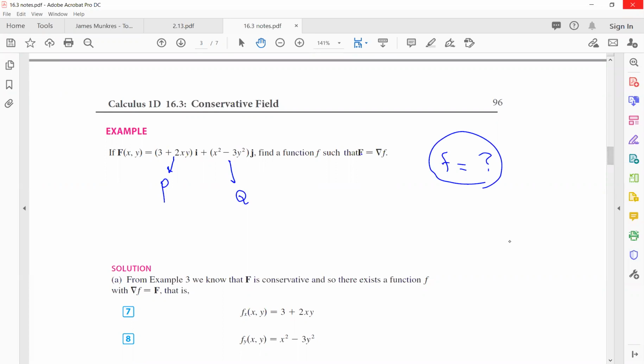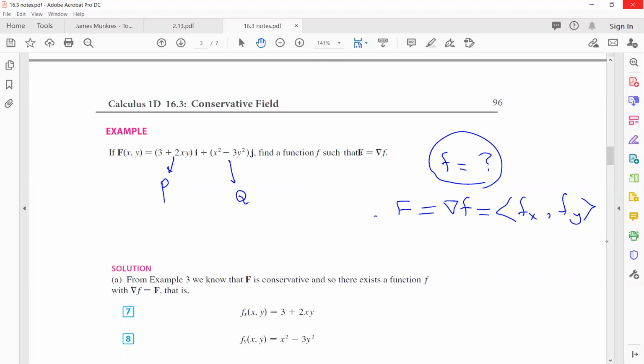So you already know that function F is equal to the gradient of a scalar function. Here we only have two variables. So the gradient function is f sub x, the partial derivative of f with respect to x, and the partial derivative of f with respect to y.